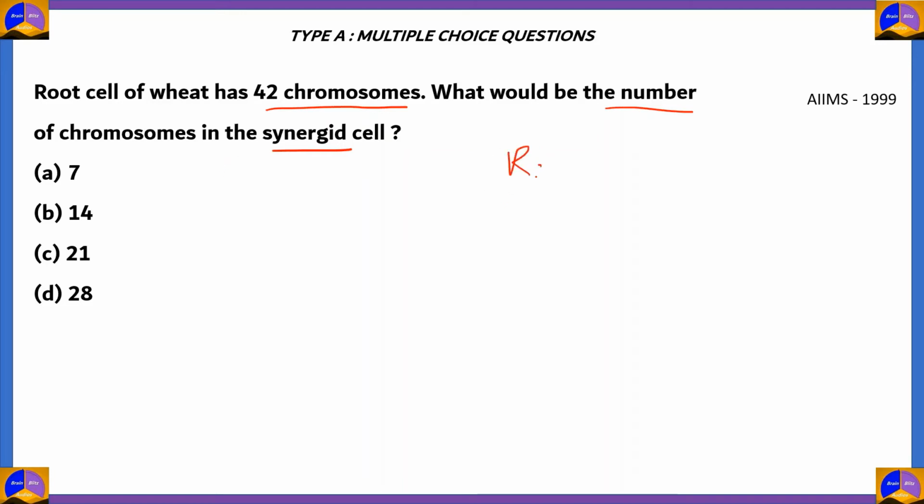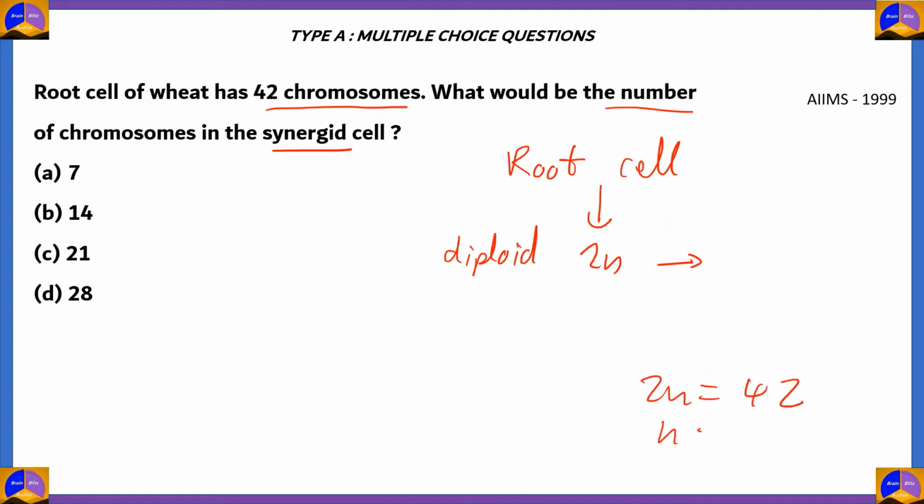So a root cell is any old cell found in the root of a plant, and most cells in plants are diploid or 2N. So that means they have 2 genomes in them. So the value of 2N is equal to 42. So N is 42 divided by 2. Simple division, you'll get 21 as the answer. So we know that the value of N is 21.